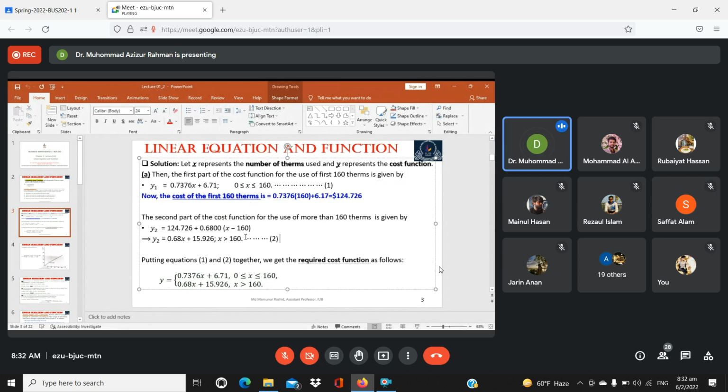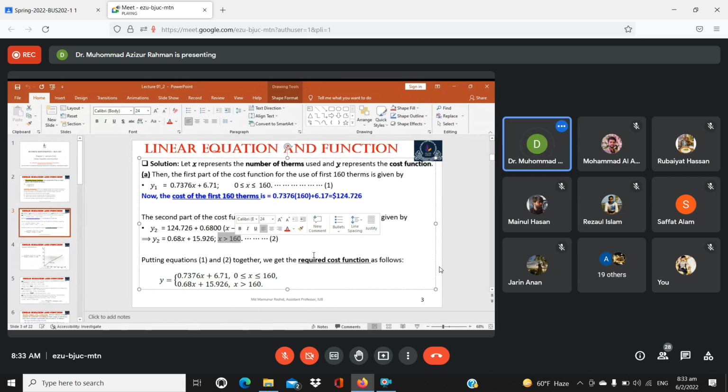Then you can simplify. So you can multiply 0.68 into x, then multiply 0.68 into 160, plus do the addition with 124.76. So this will be my cost function after simplification. But the condition is it should be more than 160 therms.